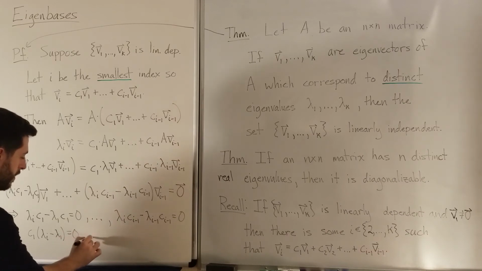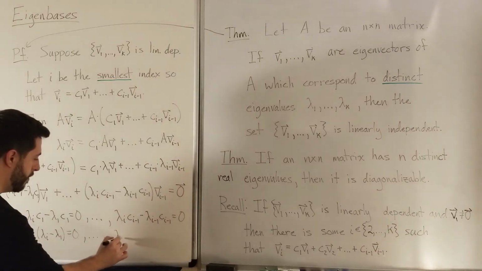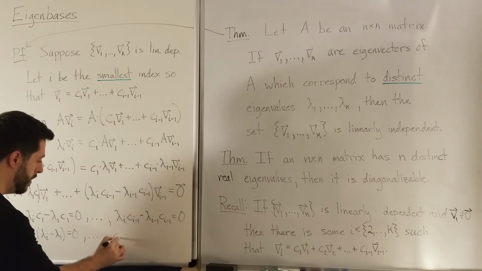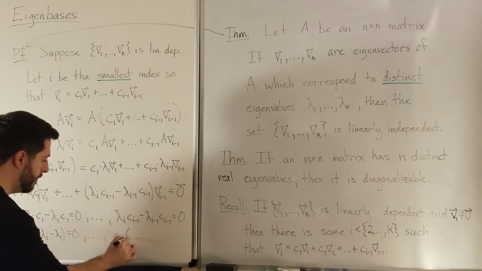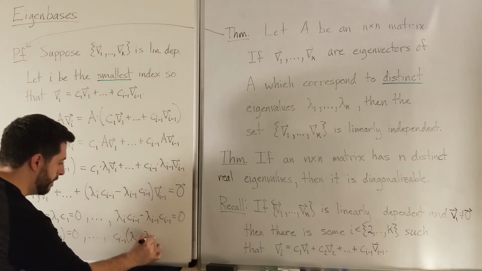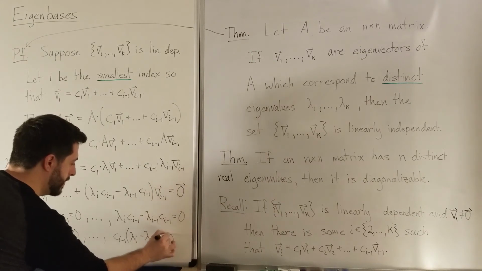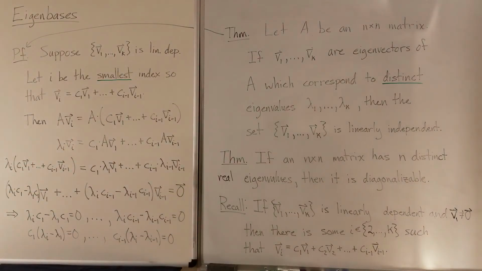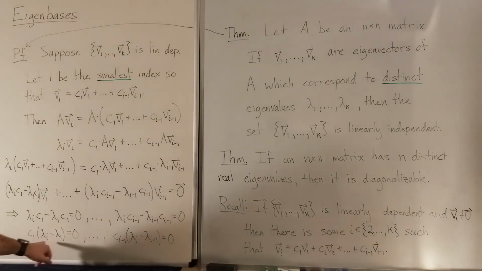That's got to be 0, all the way up through c_{i-1} times (lambda_i minus lambda_{i-1}). That also has to be 0. I know that this product must be 0, so at least one of these two terms has to be 0. So either c1 is 0 or this difference here is 0.